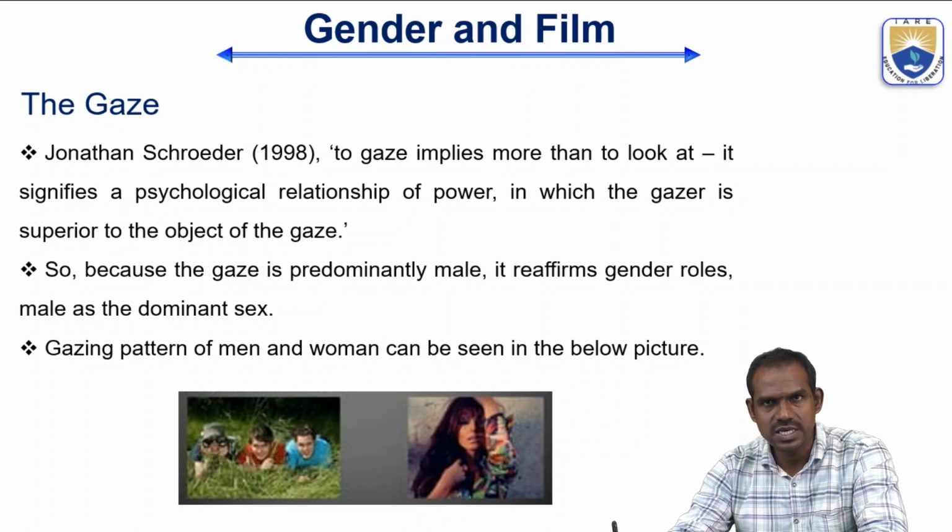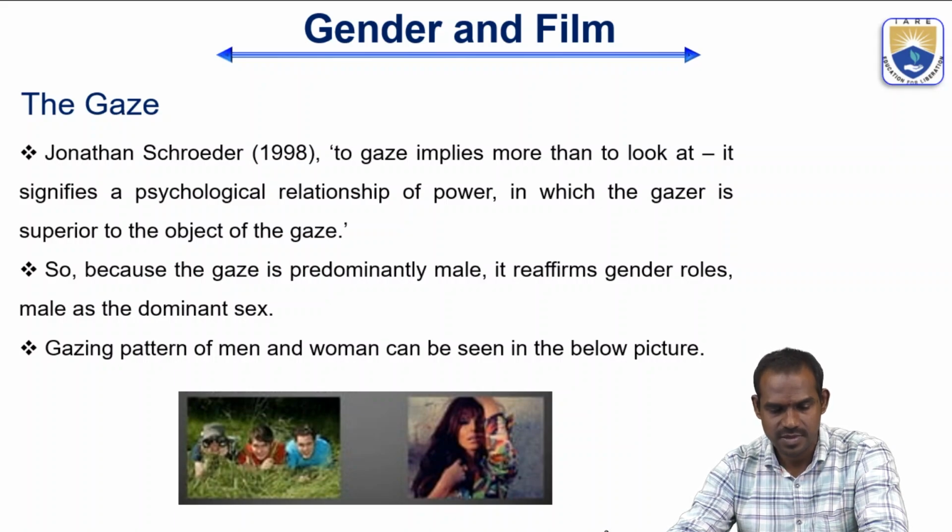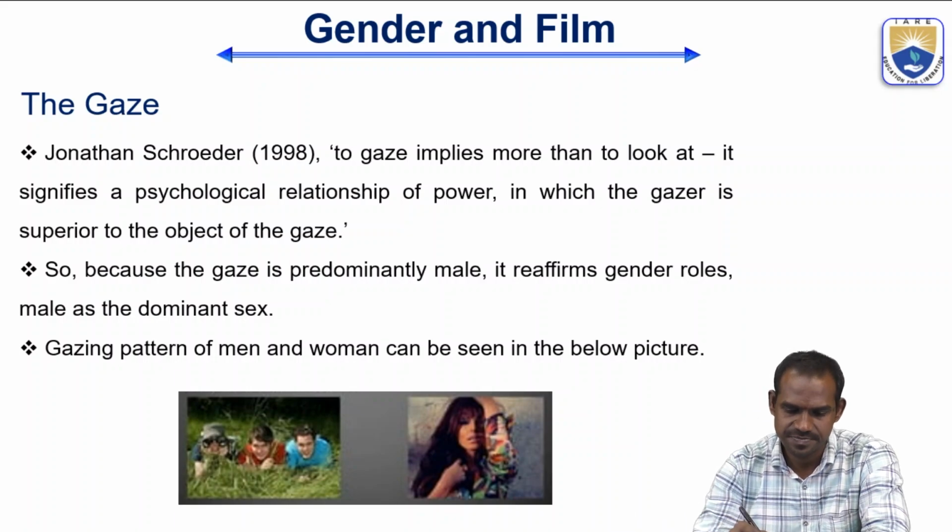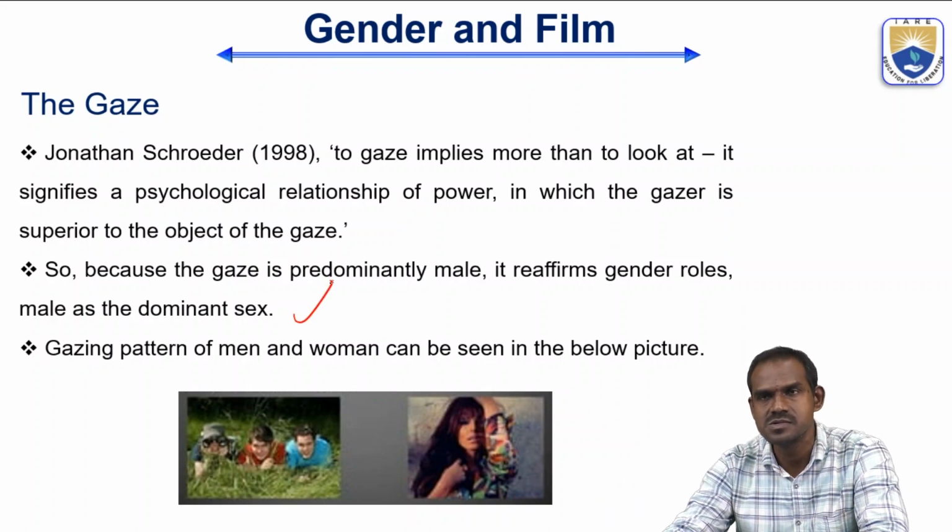Because the gaze is predominantly male, it reaffirms gender roles, with the male as the dominant sex. Because the male is the gazer and females are the objects of the gaze, according to the perception of society, and that is what is followed in the films.